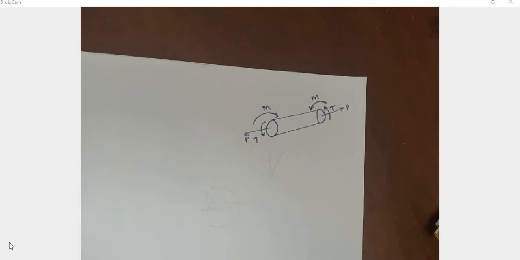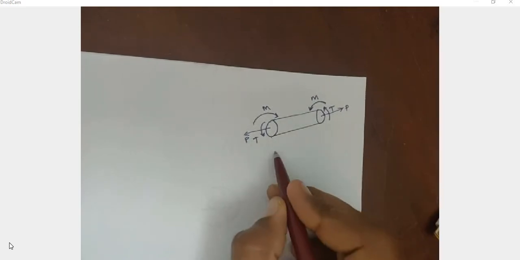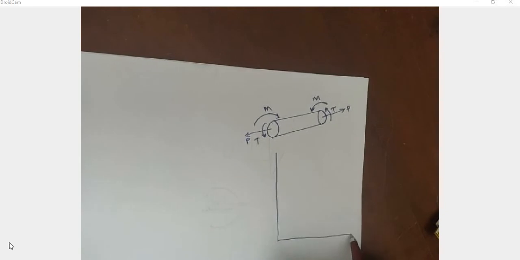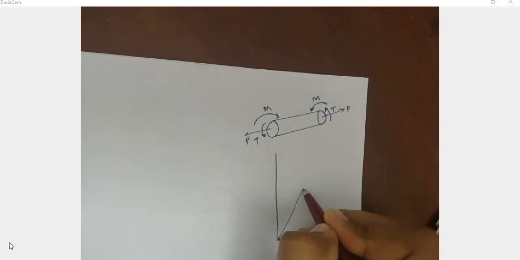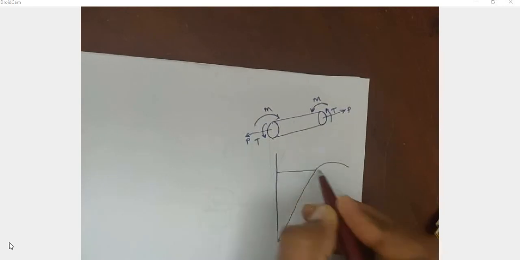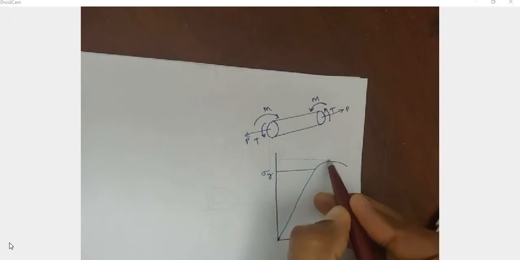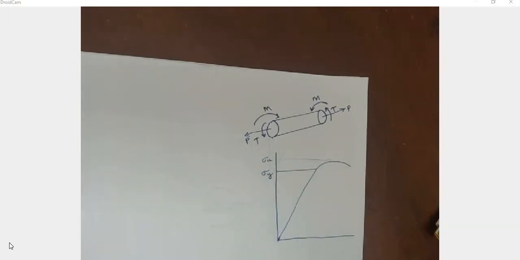For designing this body, we do one test based on the material which is used to make this shaft. For example, if it is an aluminum bar, we do one test and we calculate the parameter sigma y, that is the yield point. And from this we collect different data, the sigma y, and also sigma u, the ultimate stress.